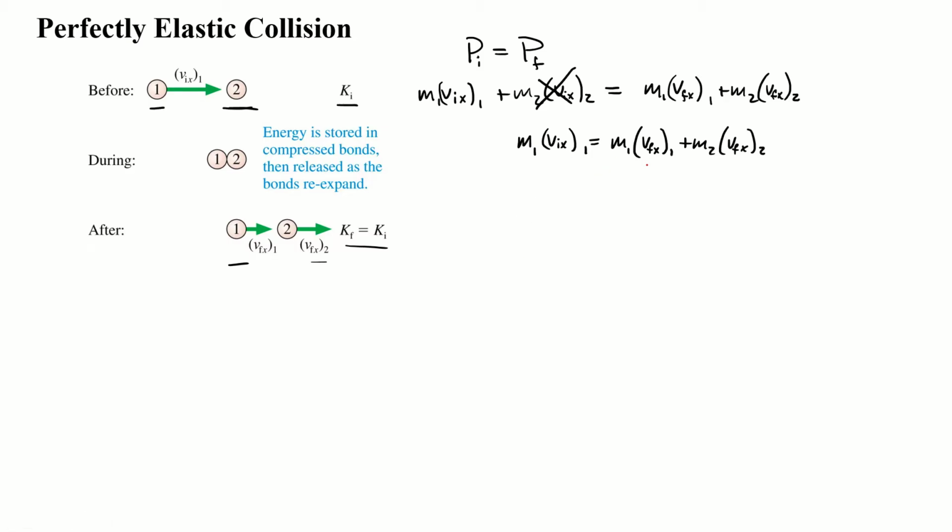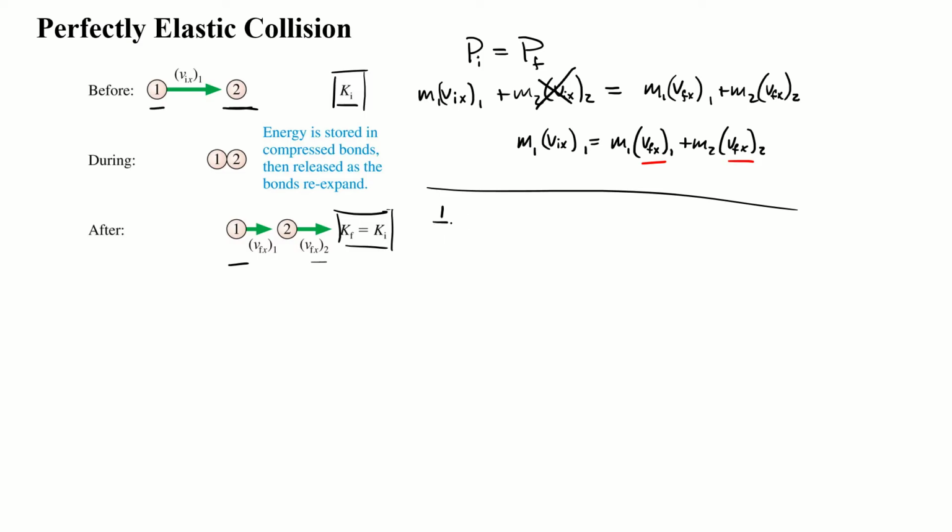We don't know the two final velocities, though. So we have one equation and two unknowns. We can't solve this. Thankfully, though, we also know, because we've been told it's a perfectly elastic collision, that the kinetic energy before the collision is equal to the kinetic energy after the collision.